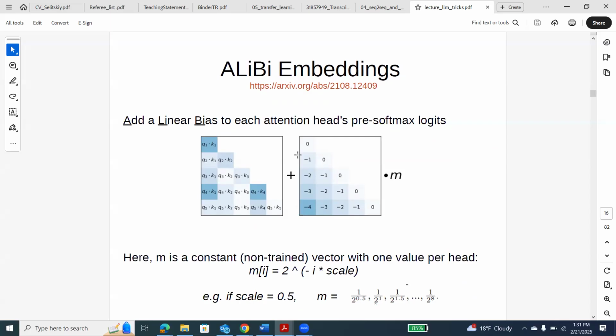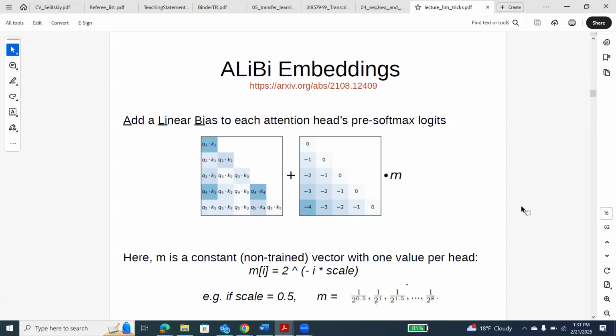The other way to encode position is called ALiBi embeddings, which stands for attention with linear biases. This is a very simple idea.